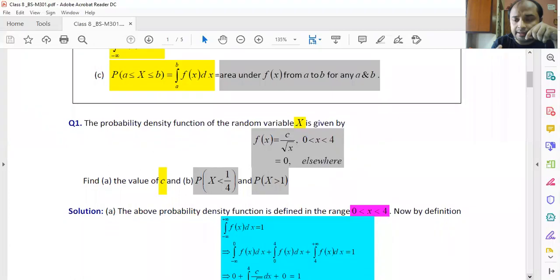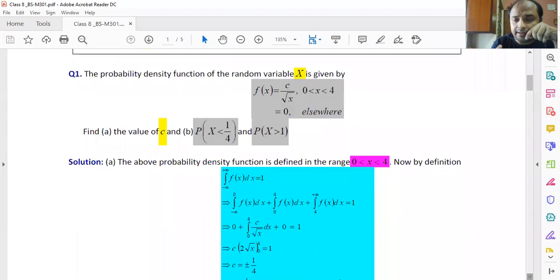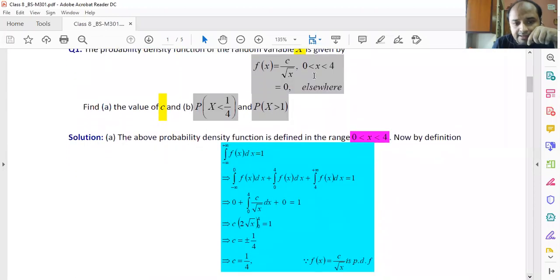First of all, I shall check whether this function is indeed a probability density function. Since the function is defined in the range from 0 to 4, we know that the integral of f(x) dx from minus infinity to plus infinity is equal to 1, from the property of the PDF.